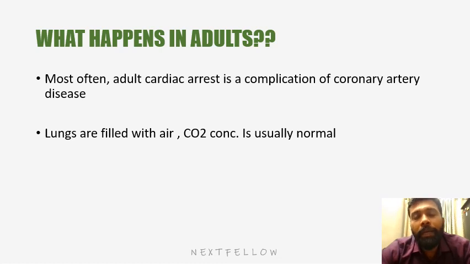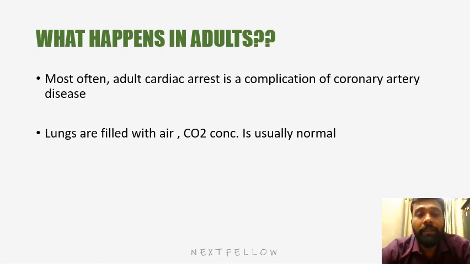For a deeper and mandatory understanding of newborn resuscitation, we need to know what happens in adults. Most often, an adult cardiac arrest is a complication of CAD, that is, coronary artery disease. It is caused by sudden arrhythmia that prevents the heart from effectively circulating blood to the system. As the blood flow to the brain decreases, the adult victim loses consciousness and stops breathing.